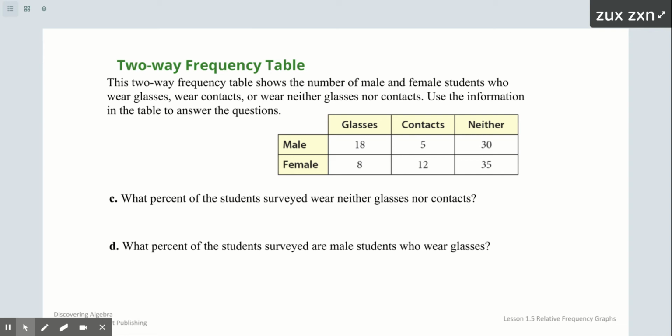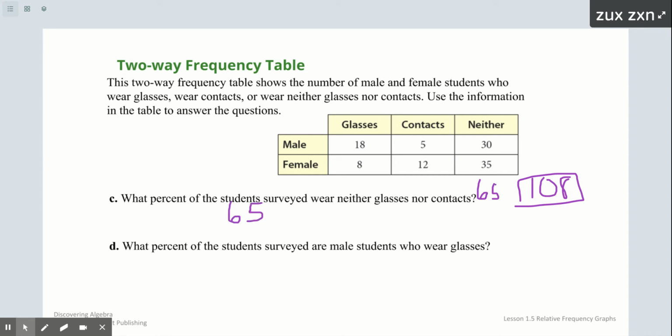Okay, so what percent of students surveyed wear neither glasses nor contacts? Remember, this number here was 108 in the corner for the total number of students. And we are looking for the percent that wear neither glasses nor contacts. The total of those people is 65.